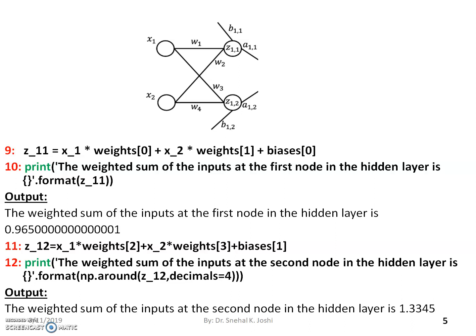As you can see in line 9 of the code, we calculate Z11 as the sum of products of both inputs with their corresponding weights and then add the bias value for that node. As shown in line 10 of the code, we display the value of weighted sum Z11. Similarly, we calculate weighted sum Z12 as shown in code line 11 and display its output in line number 12.